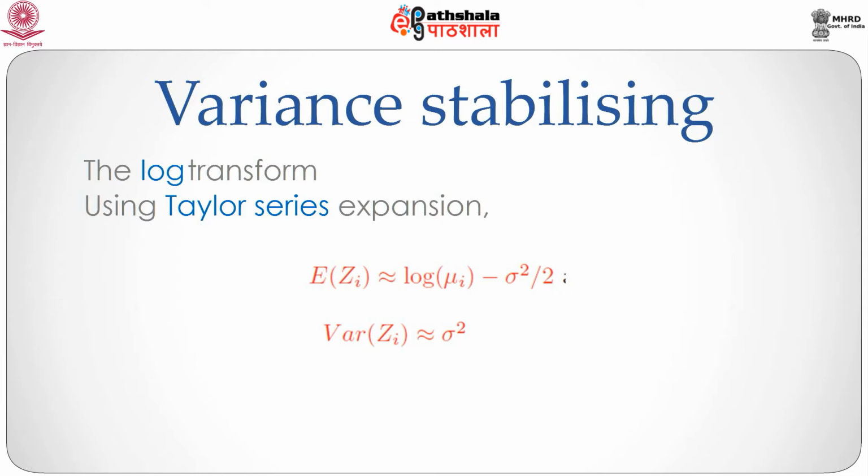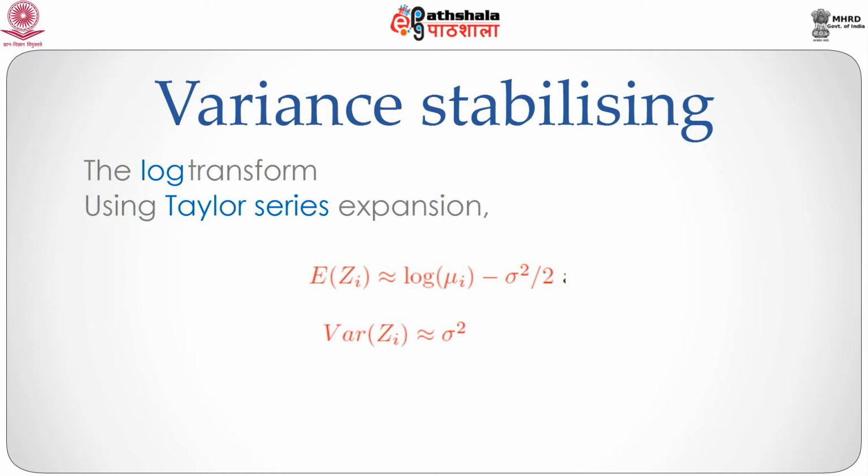The answer is that the transformation which stabilizes the variance to variance of yi equal to sigma square mu i square is log yi. To see this, let us assume a second order Taylor expansion of zi equal to log yi.